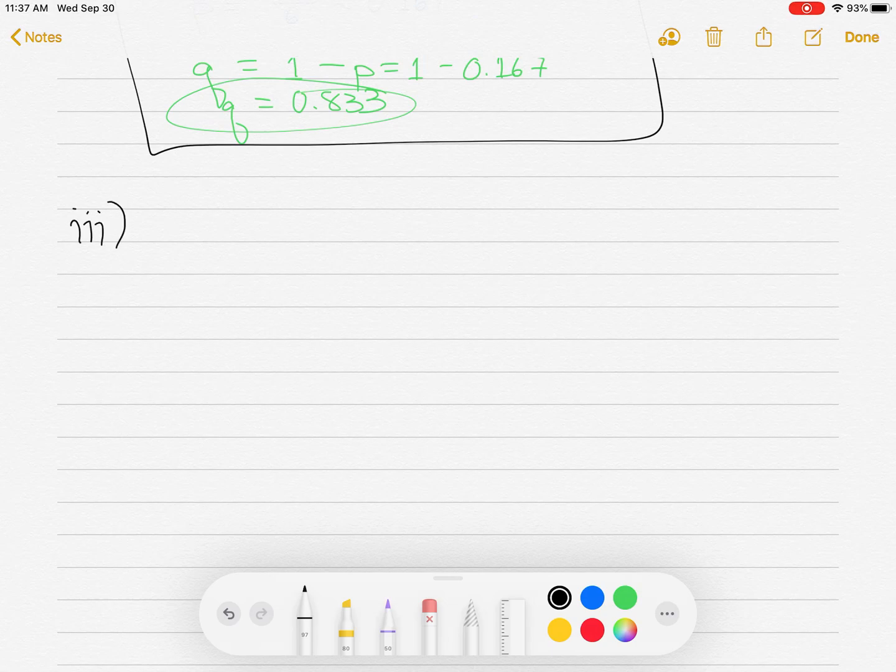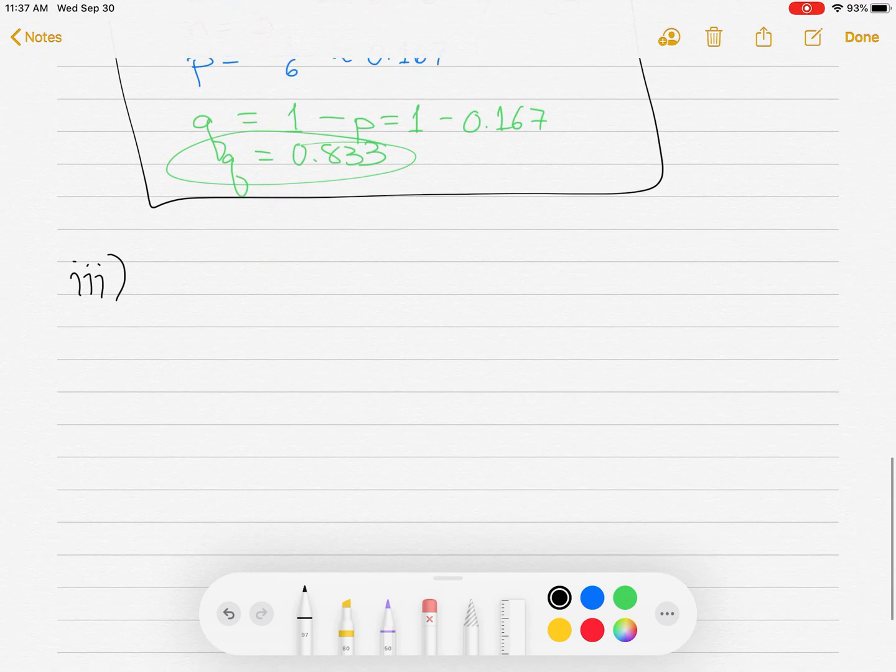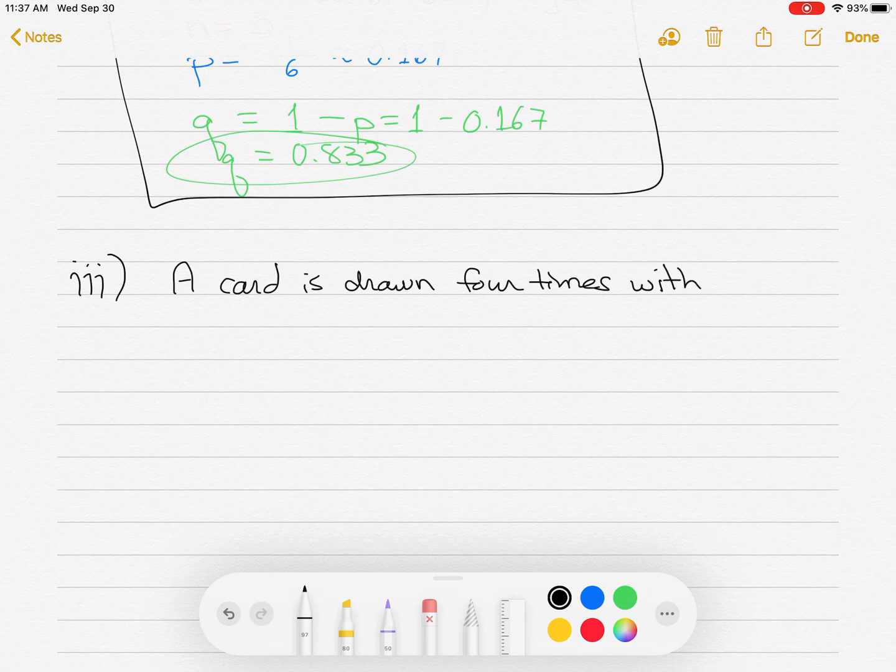Okay, so let's do a third scenario. So what do we want to do on this one? A card is drawn 4 times with replacement.